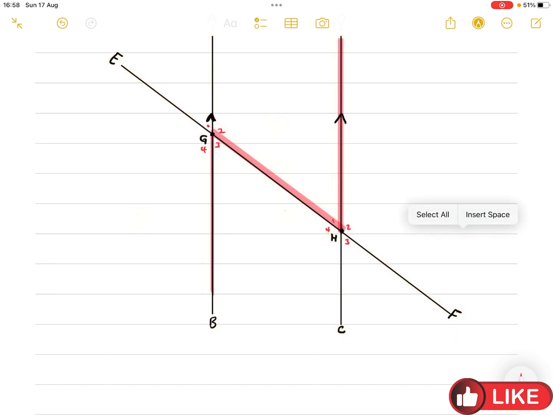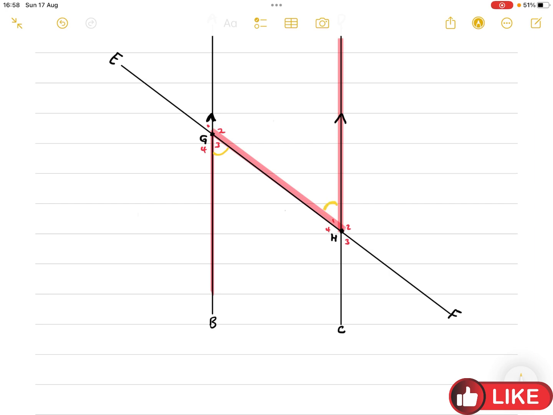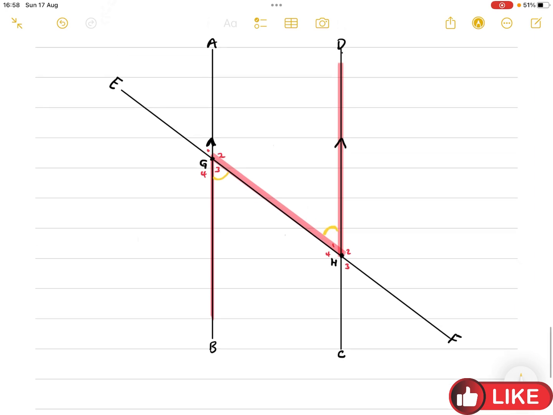So this angle and this angle are alternating angles. I have angle G3 equal to angle H1, and the reason is that they are alternating, and AB is parallel to CD.